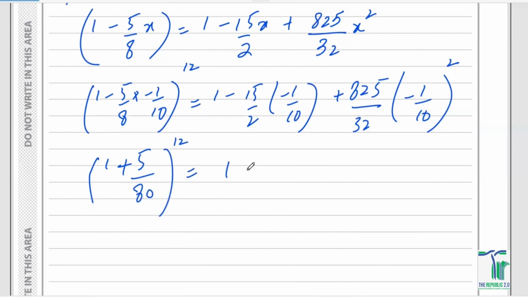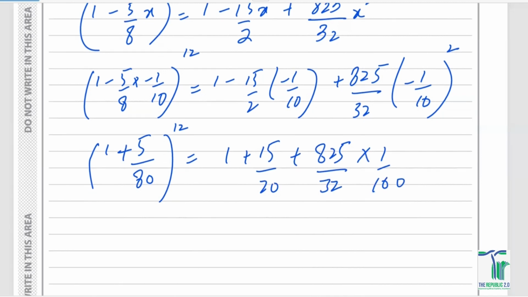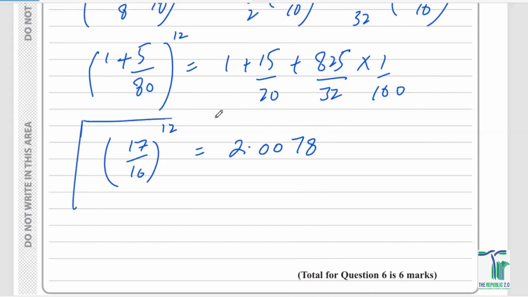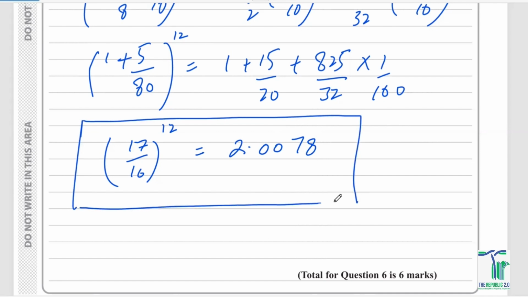And you'll be having 1 plus 15/20 plus 825 divided by 32 times 1/100. So by solving it down, you would be having (17/16)^12, and you can keep it equal to this, and your final answer is going to be 2.0078. That is going to be the final answer. Is that clear?